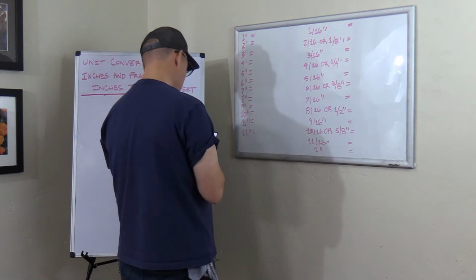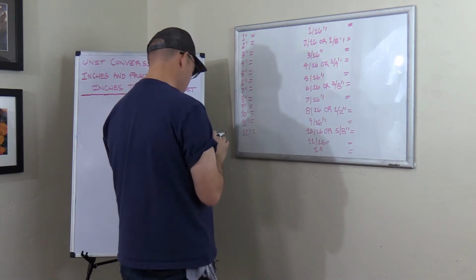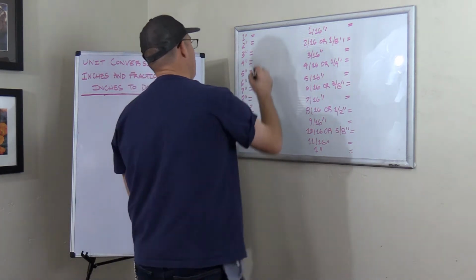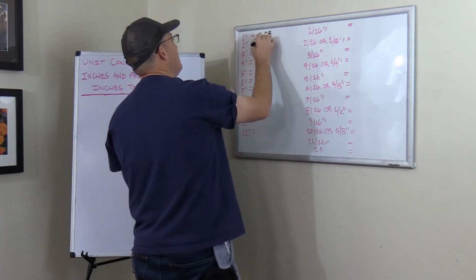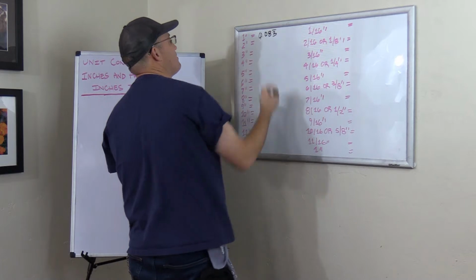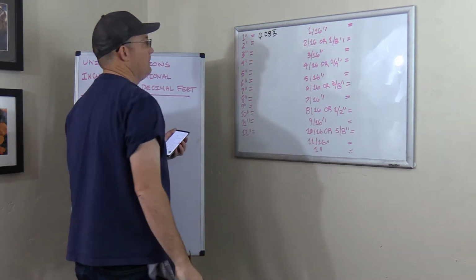Okay, so 1 inch is 1/12. If we take 1 divided by 12, we get 0.083. I'm just going to take this out to the thousandth of a foot.